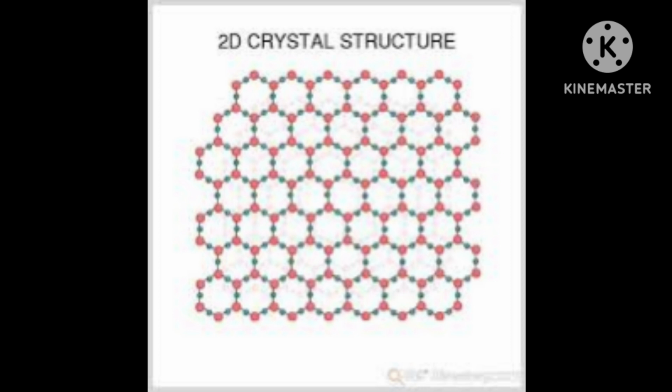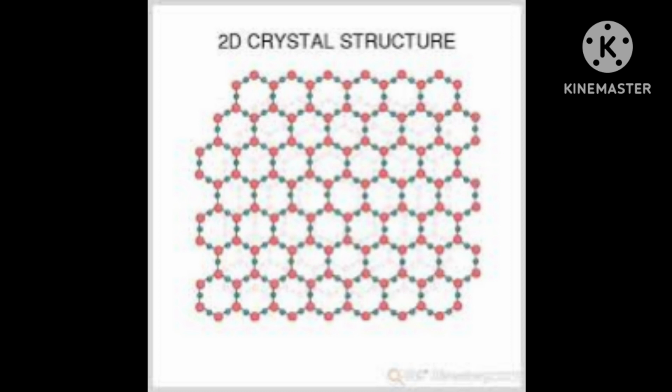Now ionic solids. In an ionic solid, the constituent particles are ions. The name itself is ionic solid. They are solid, but the constituent particles are ions. And what type of forces are working? Coulombic or electrostatic forces.